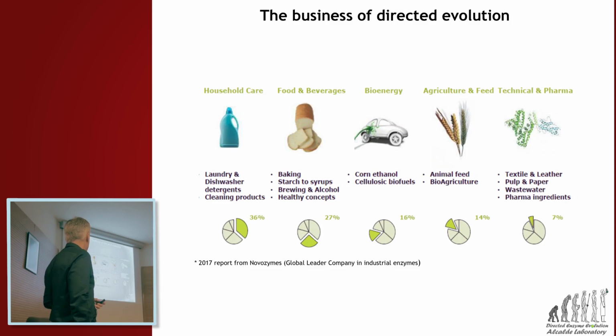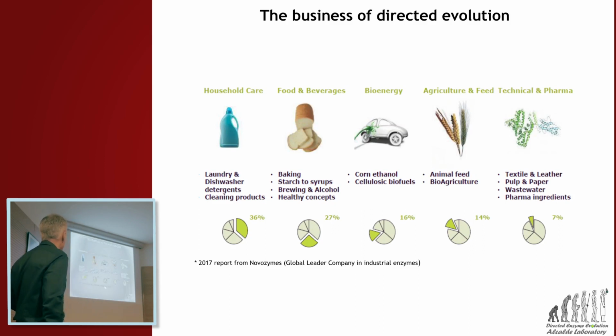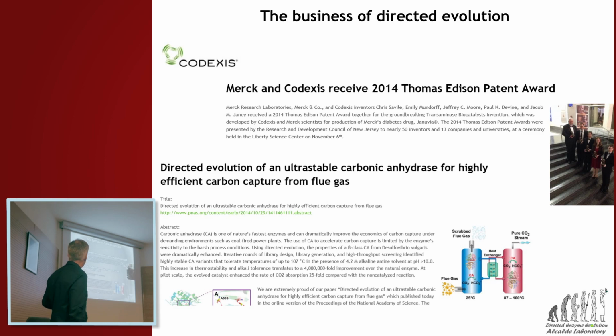For example, Novozymes, which is the global leader company in industrial enzymes: if you take a look at its catalog, you're going to find enzymes for laundry, for baking, for biofuels, for animal feed, for textile and leather, etc. Believe me when I say that most of these enzymes have been manipulated in one way or another by means of directed evolution.